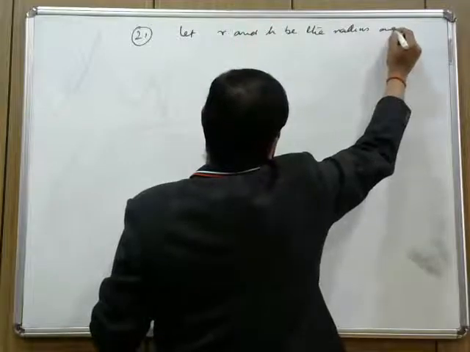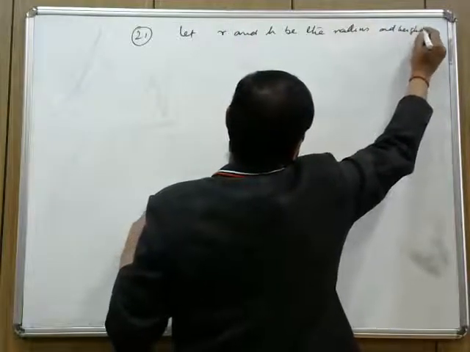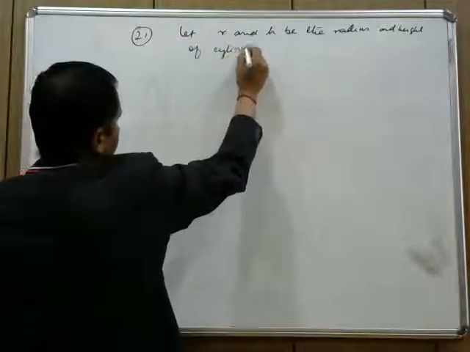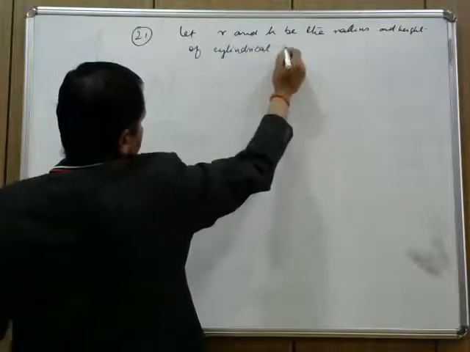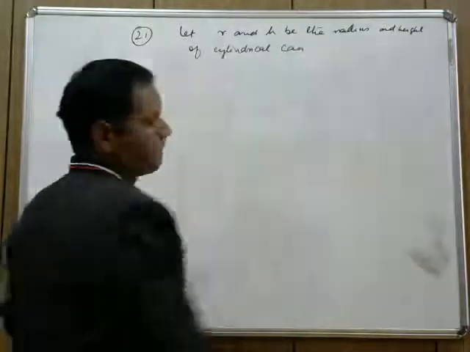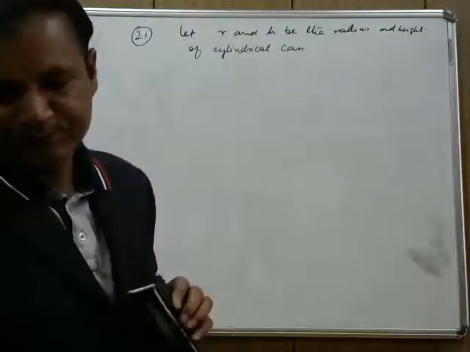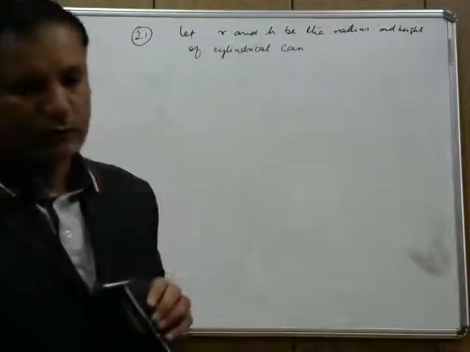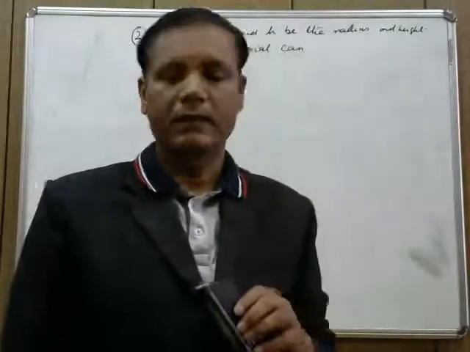Let r and h be the radius and height of the cylindrical can, right? And it is given that the volume of the cylinder is pi r square h.